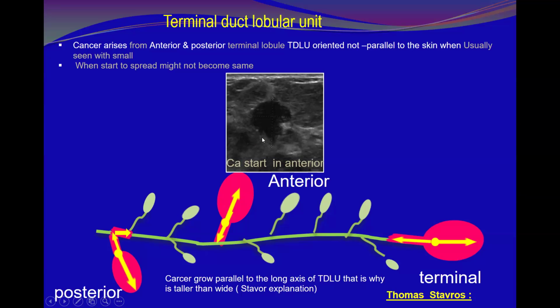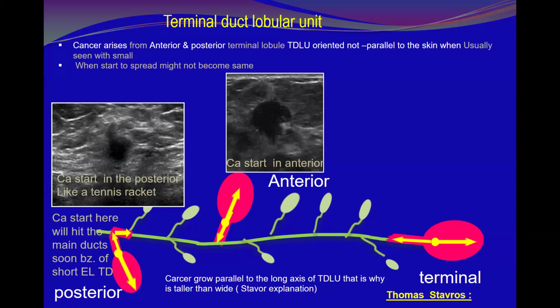Okay, this appearance demonstrates that cancer arises in an anterior terminal duct lobular unit. But if you look at this, it seems to be the reverse. You see, it's pointing up like this one.